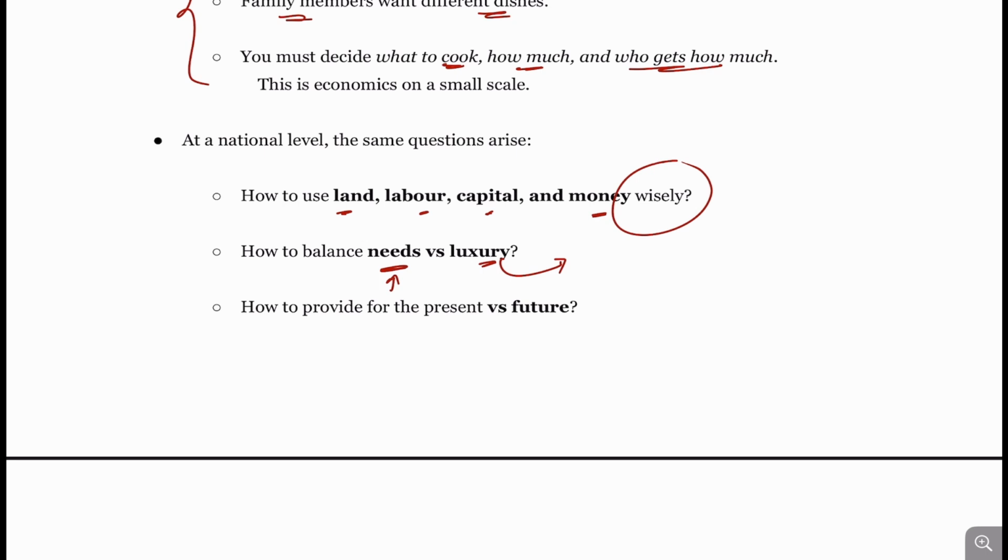Then at the national level, the government or some other authority has to decide what needs to be produced, whether we should cater to needs or to luxury, and how to provide for the present versus the future. We have to ensure intergenerational equity also. This is the area of economics. I hope you understand it.